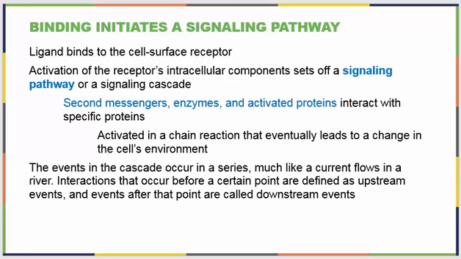These messages are shared in activated chain reactions that eventually lead to a physical change in the cell's environment. The events in a cascade occur in a series, much like a current flows in a river. Interactions before a certain point are referred to as upstream events. Events after that point are referred to as downstream events.